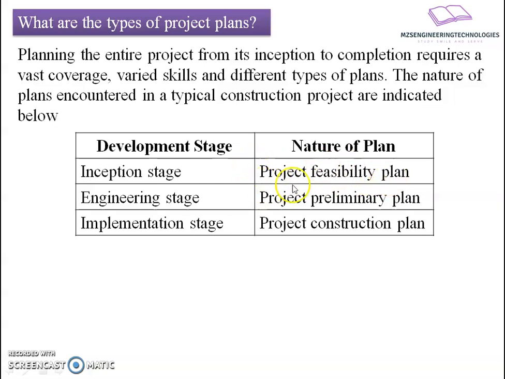Here in this project feasibility plan, we are going to see what feasibility the project will create. And the next one, engineering stage, where we will have the project preliminary plan, where we'll articulate all the technological aspects involved in the project. And then implementation stage. In this stage, we are going to have actual execution of the work. That's why we will deal with the project construction plan here.